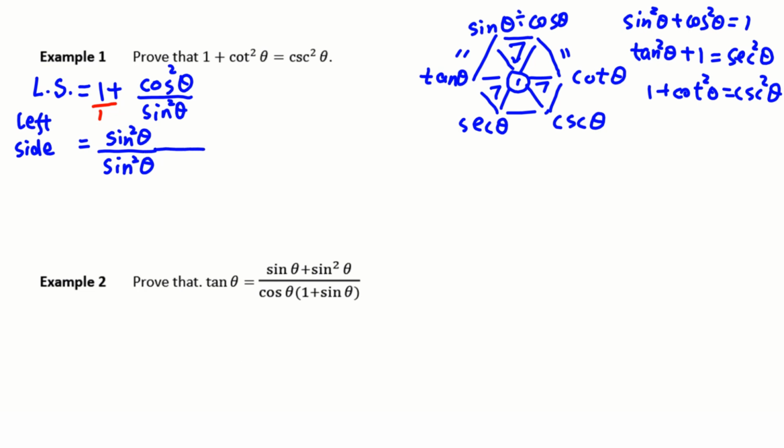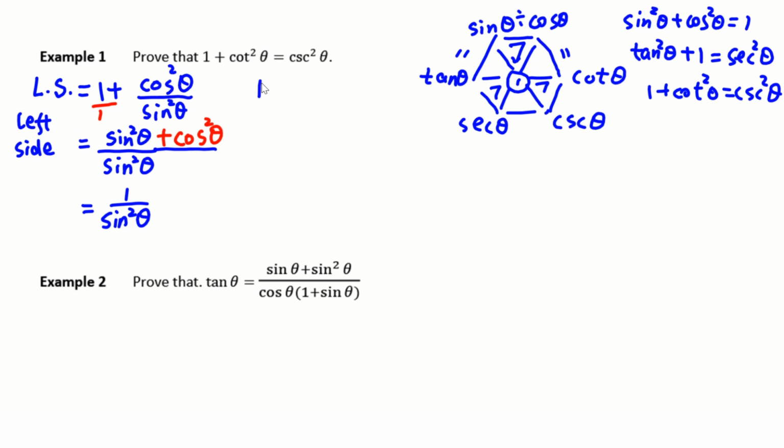So I don't want to rewrite the second term. We have the same denominator. We could just add the numerators together. And sine squared plus cosine squared, we know equals 1. That is the Pythagorean identity. So we have 1 divided by sine squared theta. So this is the left side.